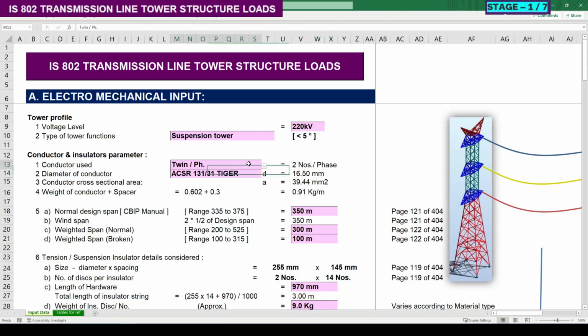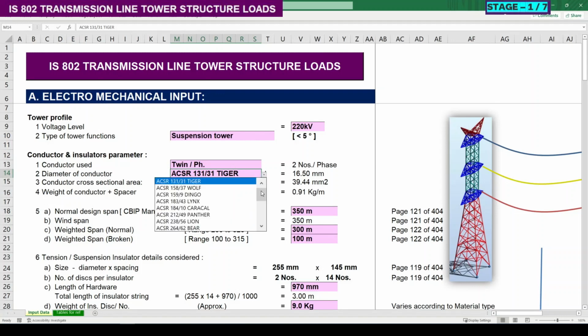In that case we need a quad conductor for 220 kV itself. So there is some methodology we need to follow to fix this. For our 220 kV structural loads we can consider a twin ACSR zebra.